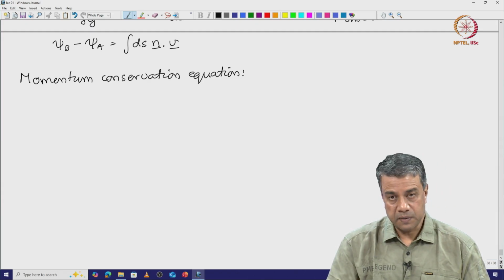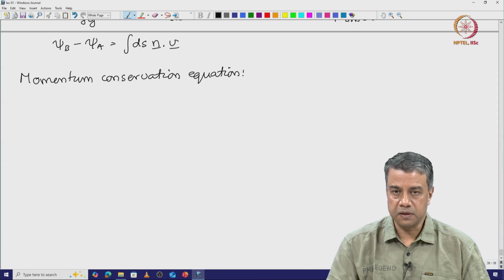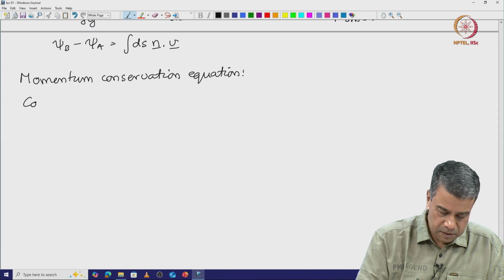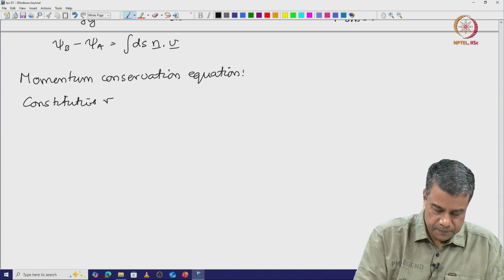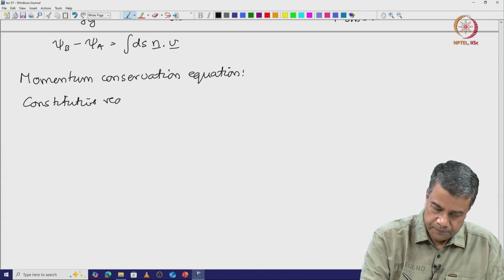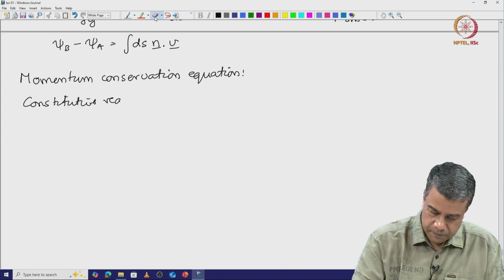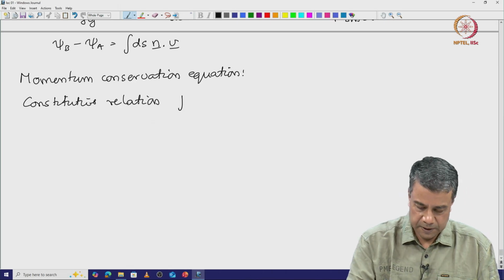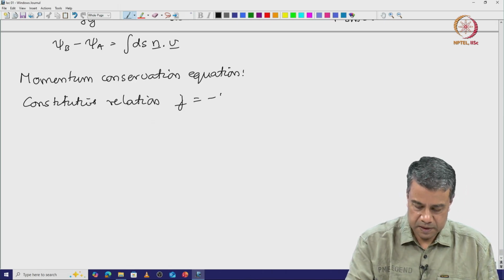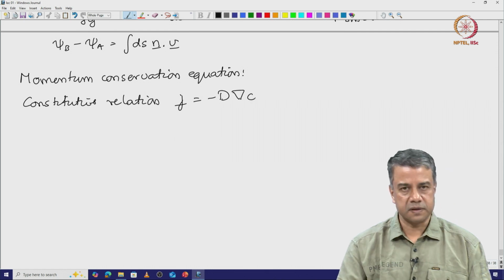In the mass conservation equation, we had a constitutive relation for the mass flux J, as minus D times the gradient of the concentration field.